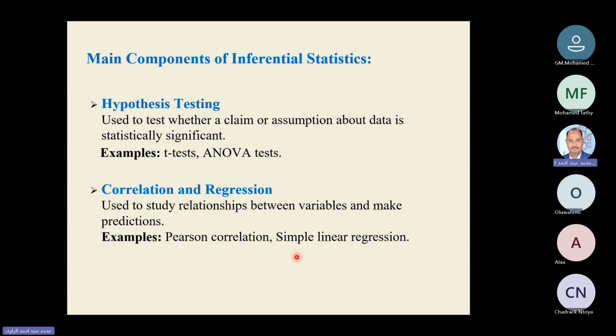It gives us the equation y equals a plus b multiplied by x, where a is the constant and b is the slope. So simple linear regression determines this equation exactly and gives us information about the relation between the two variables, the independent variable and the dependent variable.